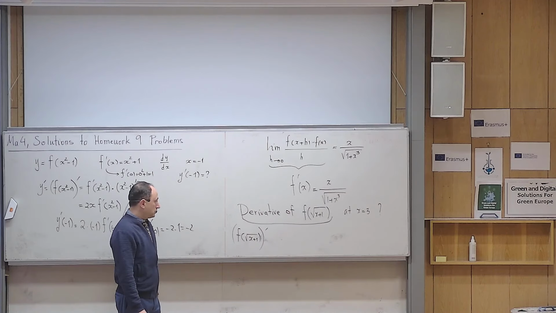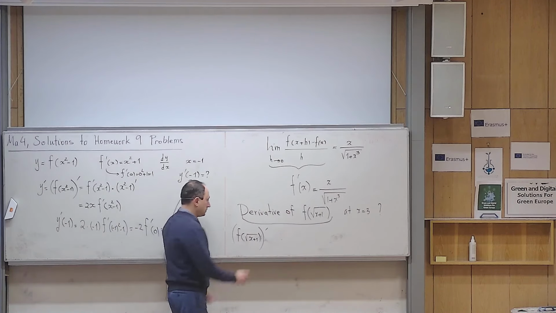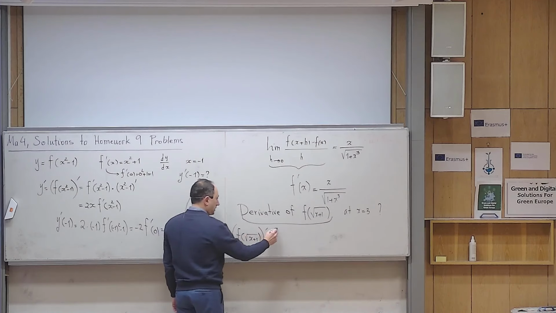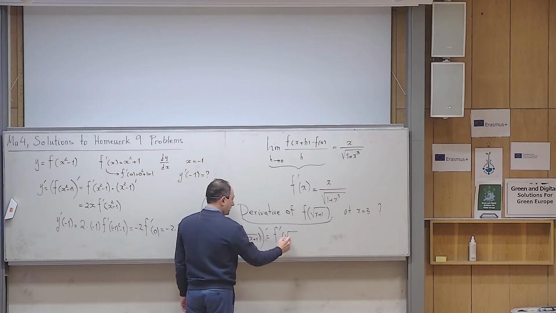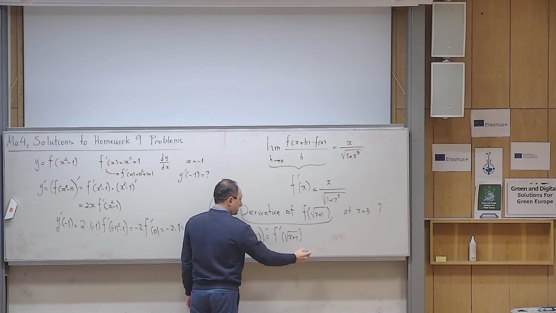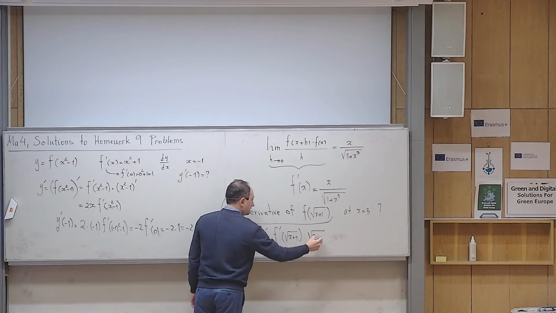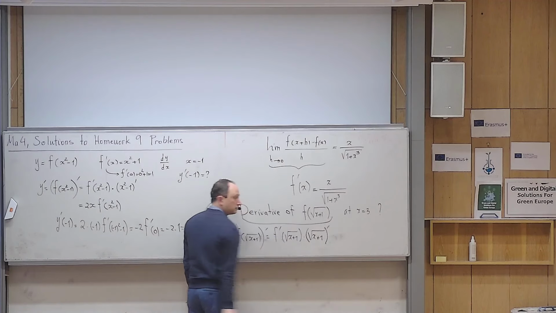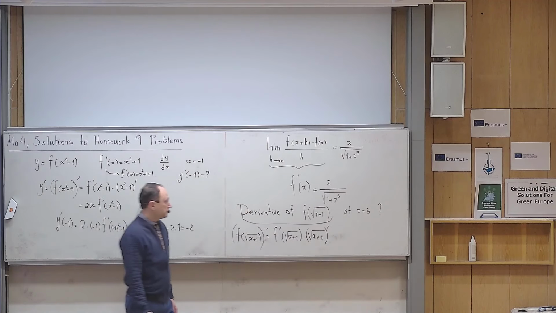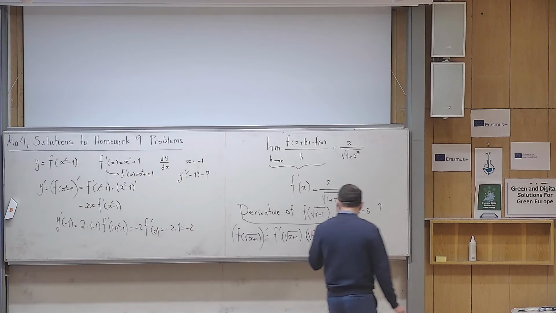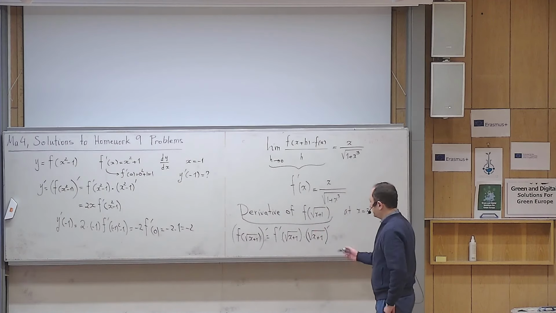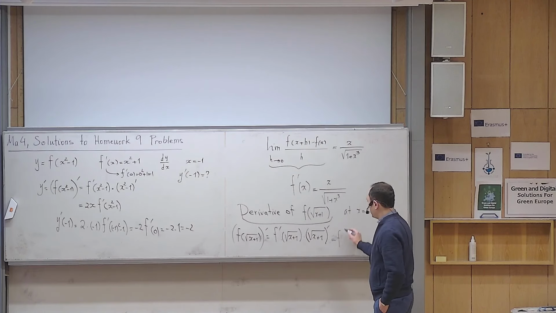Okay, so what I will do, I will write it like this. You know that I can flip it inside, but the price to pay is to do what? To multiply by the derivative of the inner function. But the derivative of the inner function is also a minimal chain rule, but it is very simple by now, hopefully.